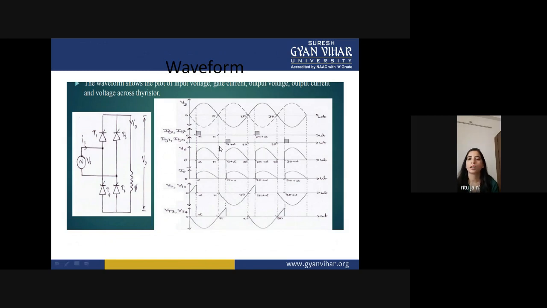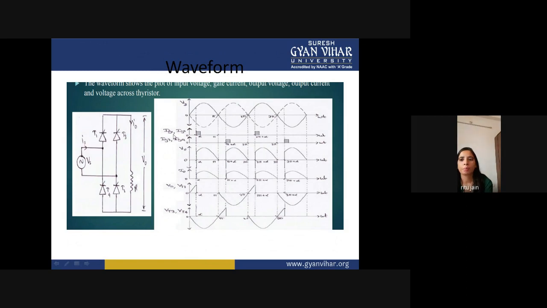First we come to these waveforms. Vs is your input voltage. This is your positive half cycle and this is your negative half cycle. From 0 to π the supply voltage is positive, and from π to 2π it is negative. A thyristor will conduct when you apply a gate pulse to the SCR.